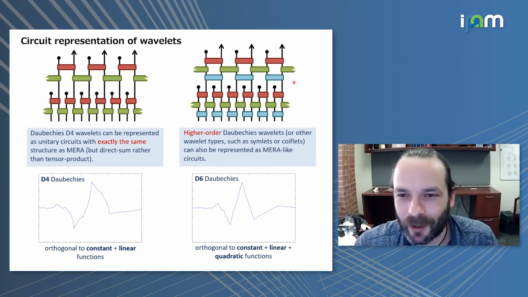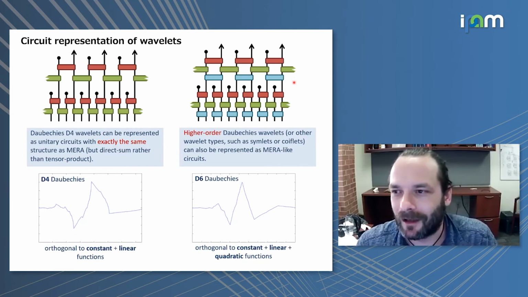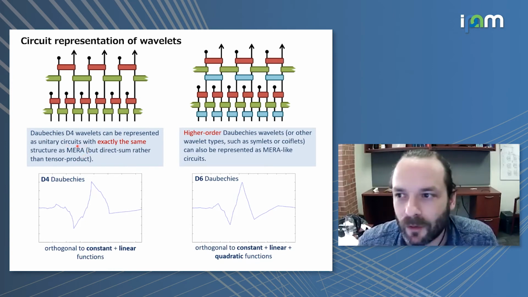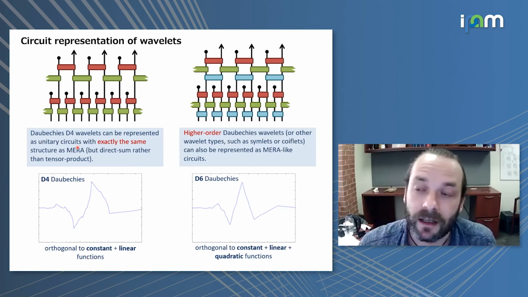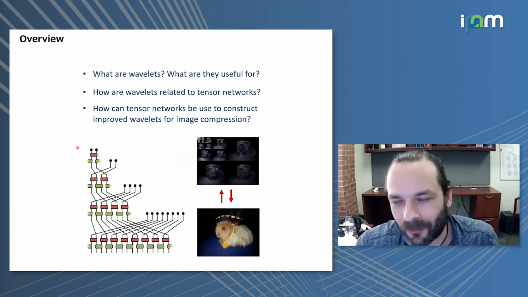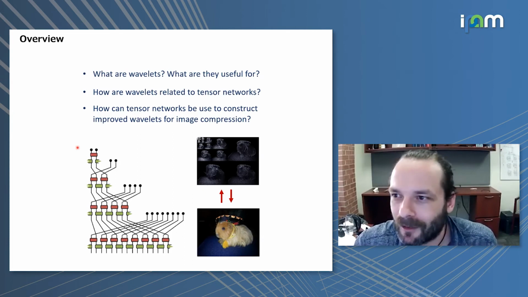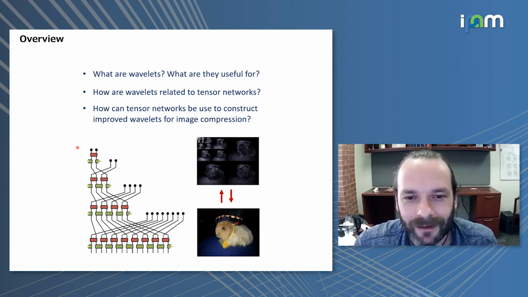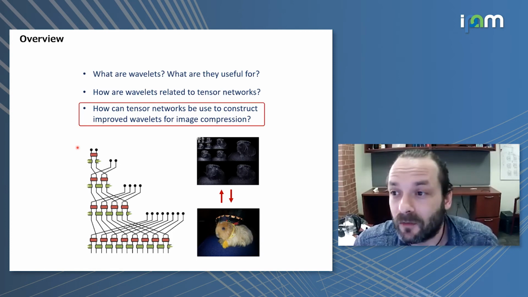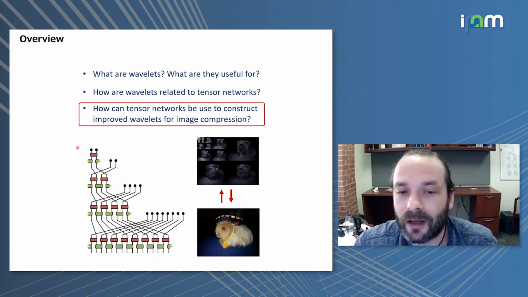So that's the very quick breakdown, but these multi-scale tensor networks, when working in a direct sum structure, are exactly equal to discrete wavelet transformations. This turned out to be very useful in describing a bunch of physics. But what I want to focus on today is how our knowledge of tensor networks can be used to build better wavelet transformations.